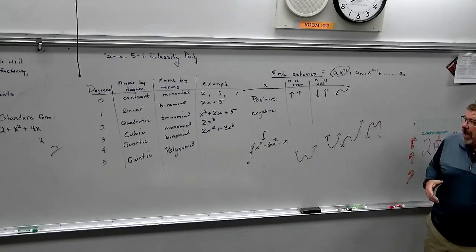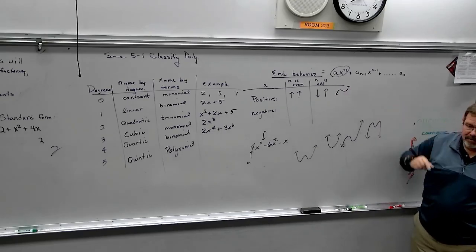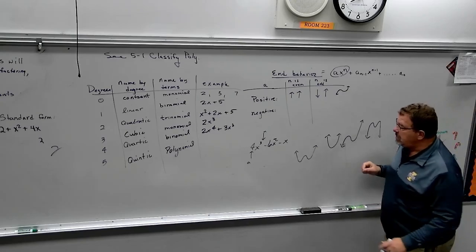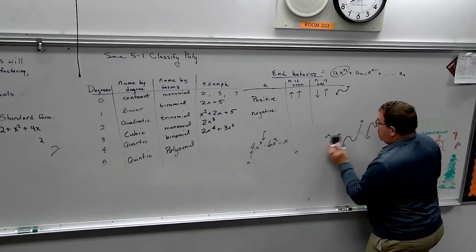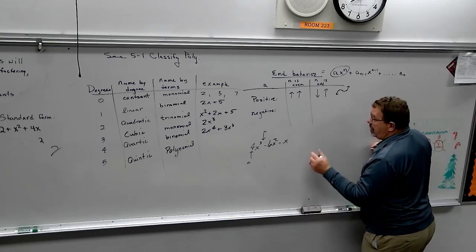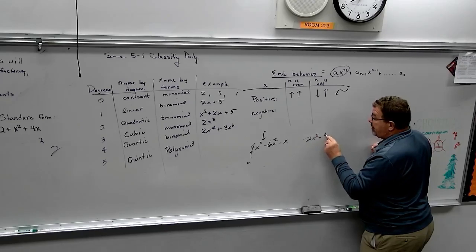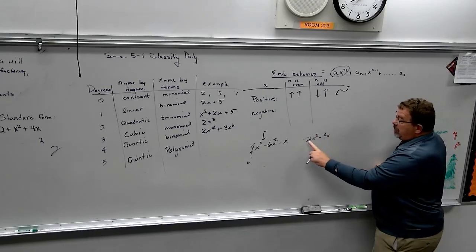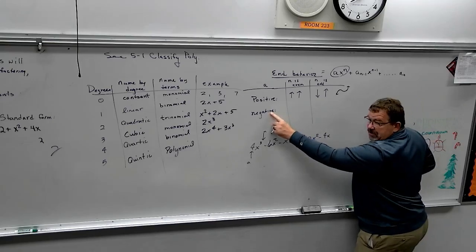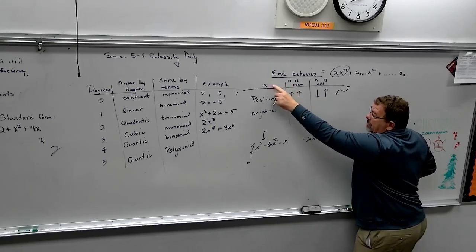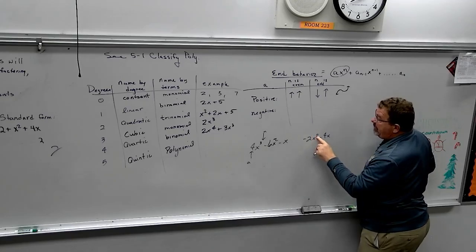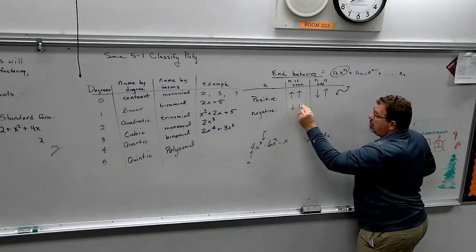Okay, that's what I mean by down, up. Down, up. Okay? If you have a problem like this, negative 2x squared minus 4x. You have a negative A value. That's what this means, negative A. And you have an even exponent. It goes down, down.